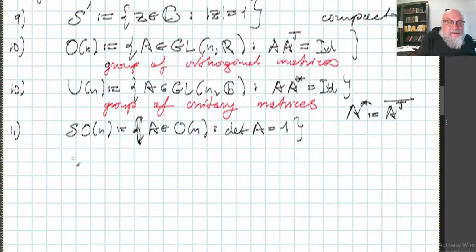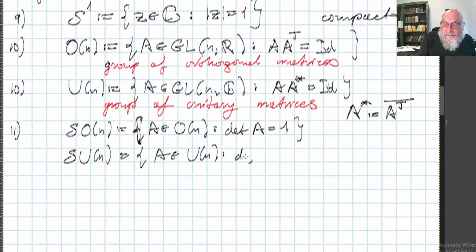And the same we have here, SU(n). This is the set of all matrices belonging to U(n) such that the complex determinant of A is equal to 1.